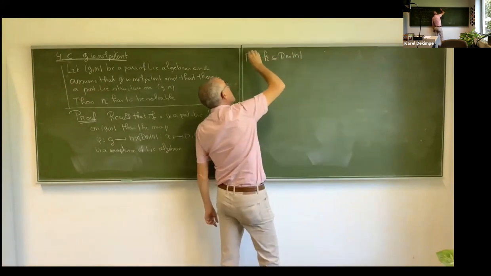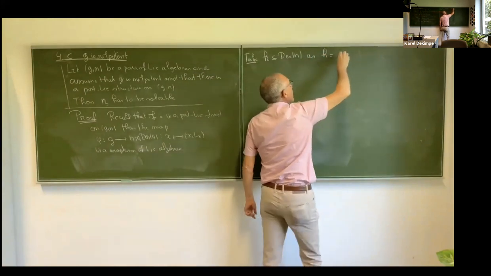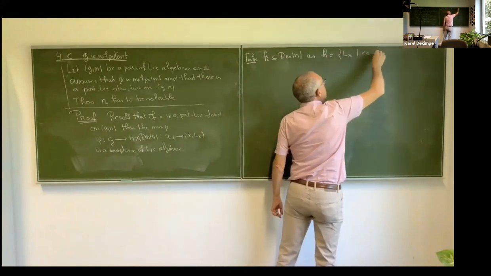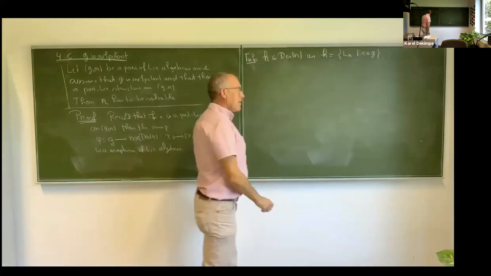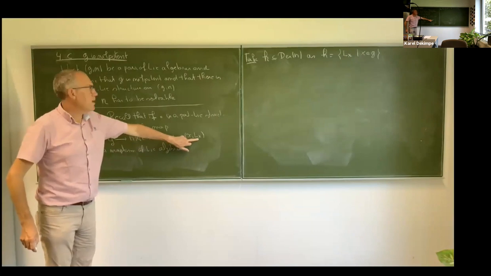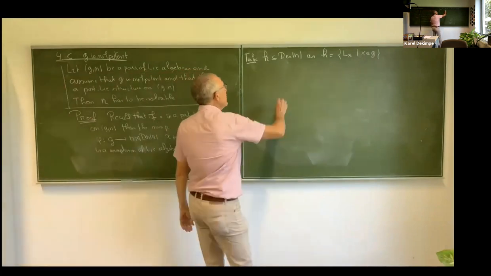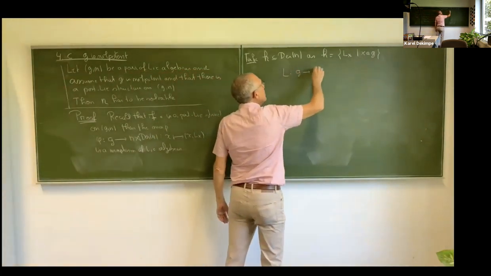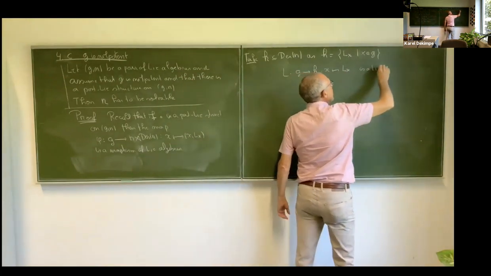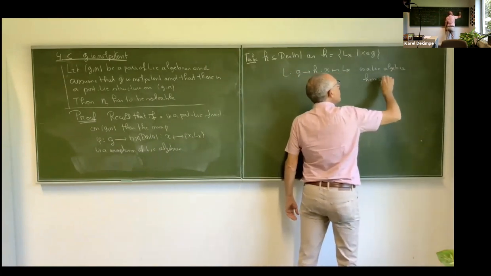Just the set of all L of x when x belongs to G. So you take the set of all possible left multiplications that you have, and of course, this is a homomorphic image. So L goes from G to H, sending x to L of x, is a Lie algebra homomorphism.